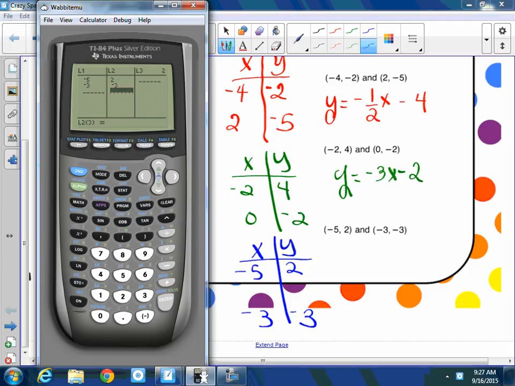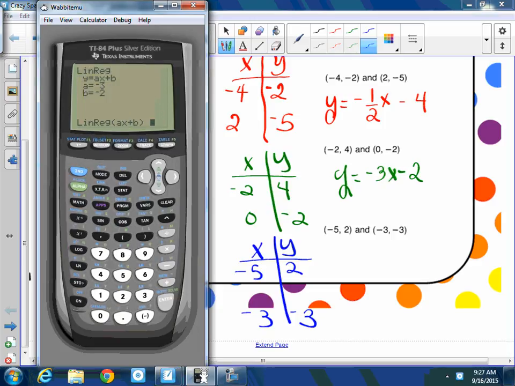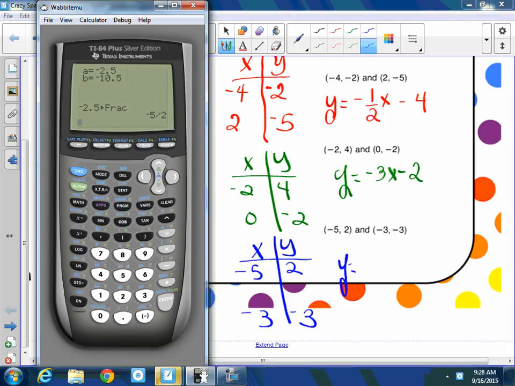Remember how to do it? Stat, calc, linear regression, which is a 4, and then you hit enter. I don't want that as decimals. You turn them into fractions, and you can do it right here. Negative 2.5, and then hit that math button. Fraction, hit it twice. Negative 5 over 2. So what's my equation? Y equals negative 5 halves x.